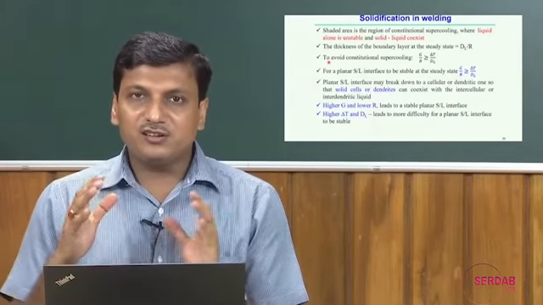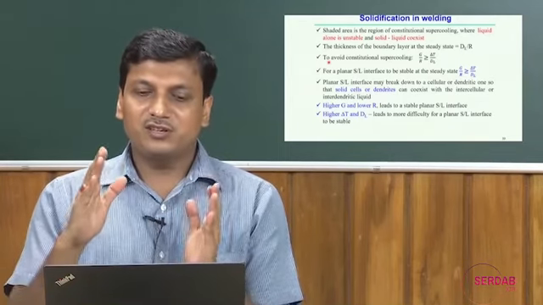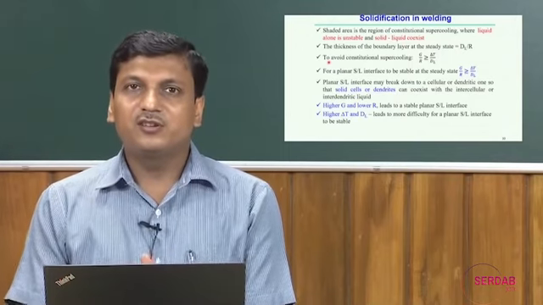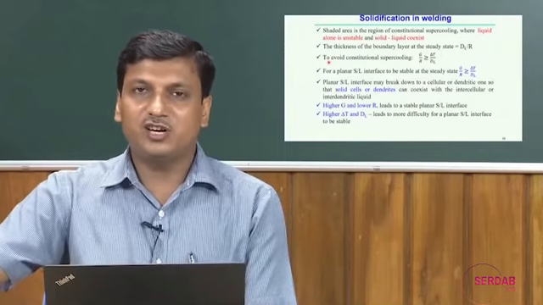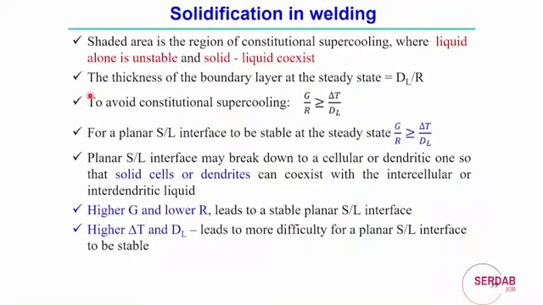That means the planar solid liquid interface is stable if there is no constitutional supercooling, just opposite to the condition of avoiding it. So, G by R greater than or equal to delta T by dl represents the stability of the planar solid liquid interface.